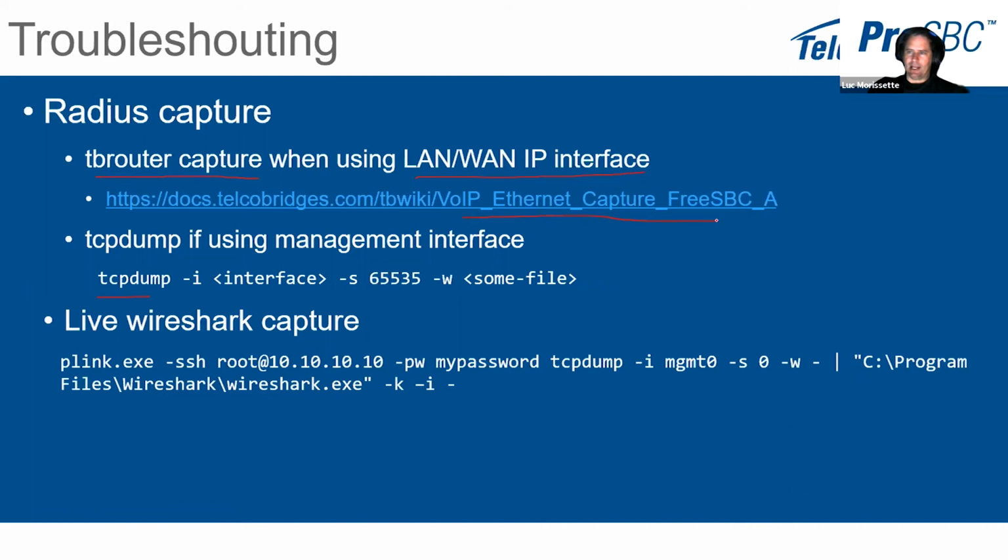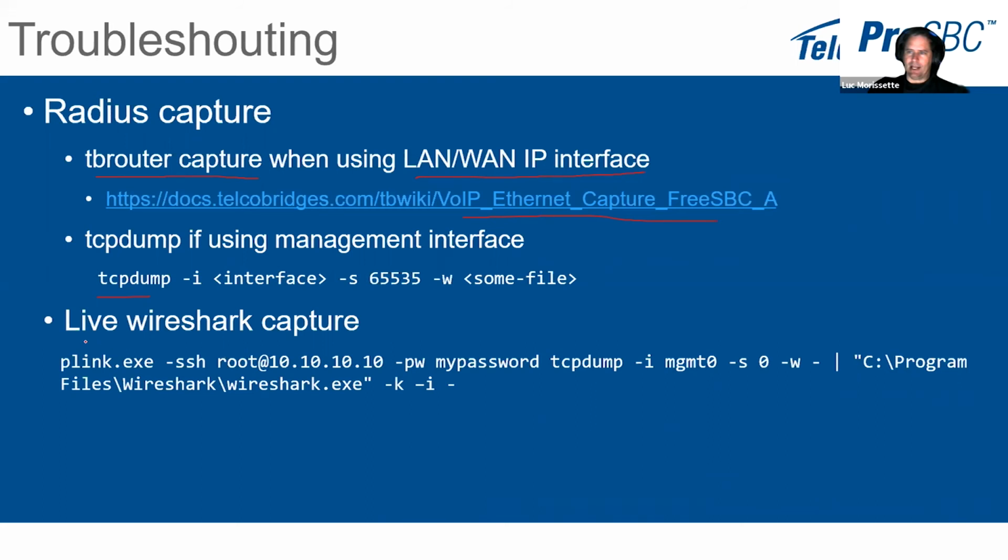This is the link that explains how to do the TB router capture. As you have seen yesterday, you use the tool TBX CLI Tools Remote, you select TB router, and you press P to start the trace, and also P to stop it.